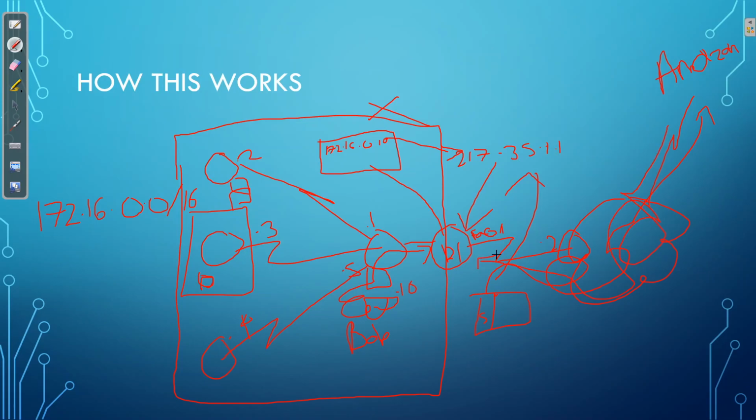When it hits R1, R1 looks in the NAT translation table and sees that if I receive any traffic from Amazon going to the IP address 217.35.1.1, I'm going to translate the destination IP address back into 172.16.0.10 and then send that traffic all the way back to Bob.